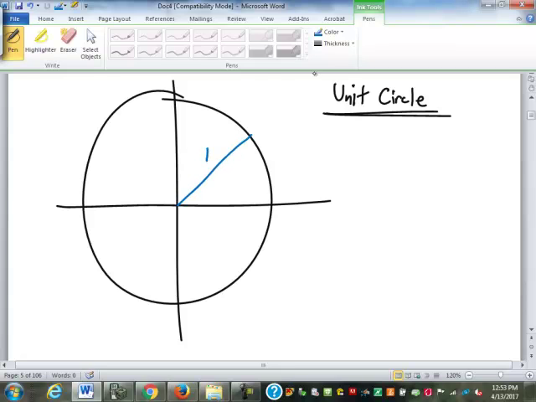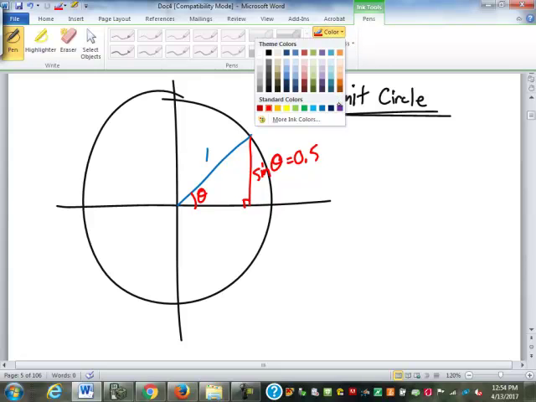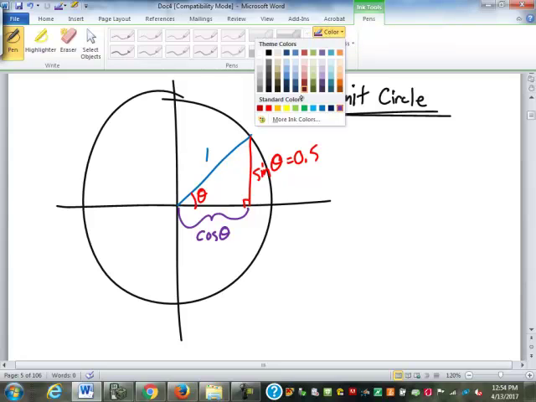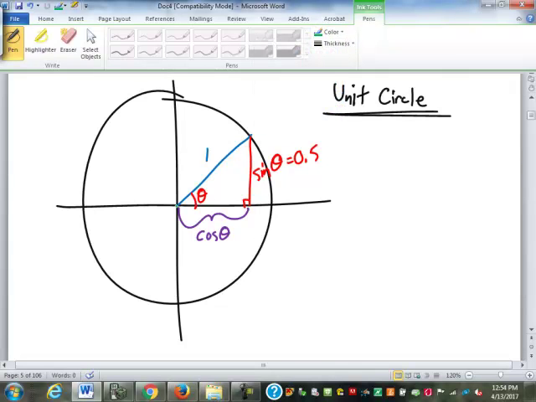So there's my radius. If I were to tell you for this angle theta that the sine of angle theta here equals 0.5, from this drawing here, if this is cosine, could I possibly find that value for the cosine just by knowing the sine? How?